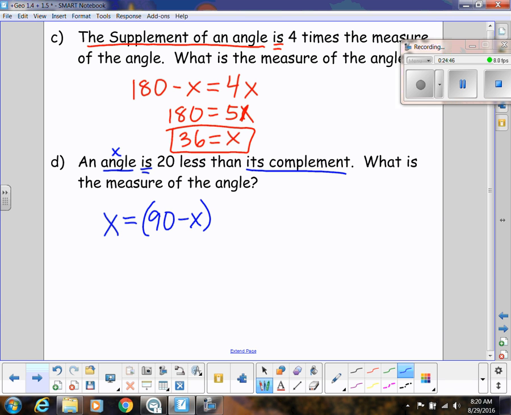That's its complement, and it's 20 less than that, so I'm going to be subtracting off 20. So there's my equation. So we're trying to find the measure of that angle. So just combine your 90 minus 20, that would be 70. Add the x over to the other side, and then divide by the 2. So our original angle is 35 degrees.